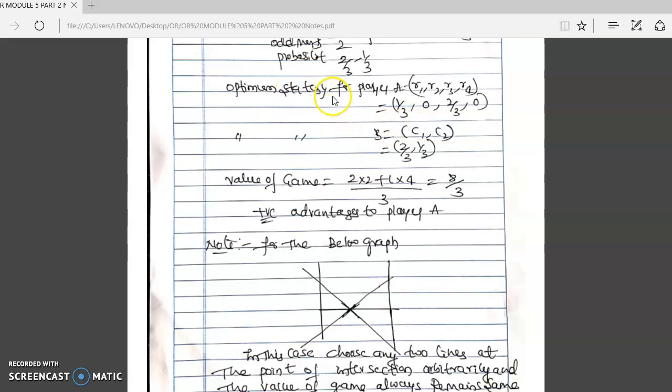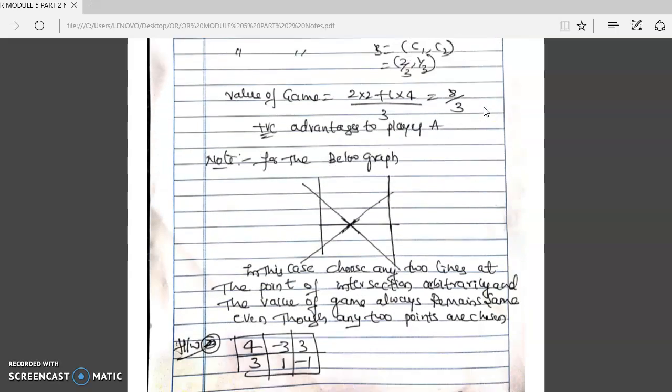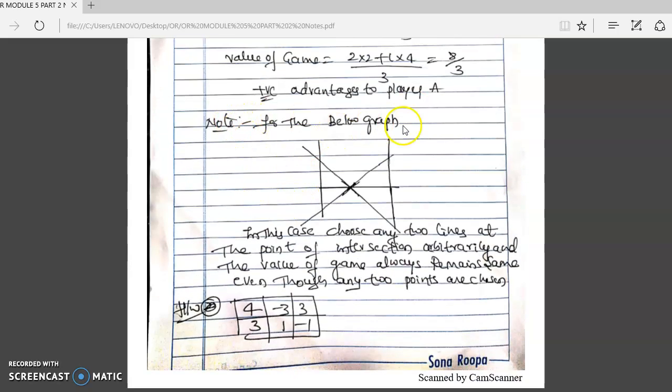Since it is an m cross 2 game, the columns are fixed, so we write them directly, whereas the rows R2 and R4 were deleted, so we assign 0, 0. So the optimum strategy for player A is 1 by 3, 0, 2 by 3, 0. These are typical examples where we get only one point of intersection.